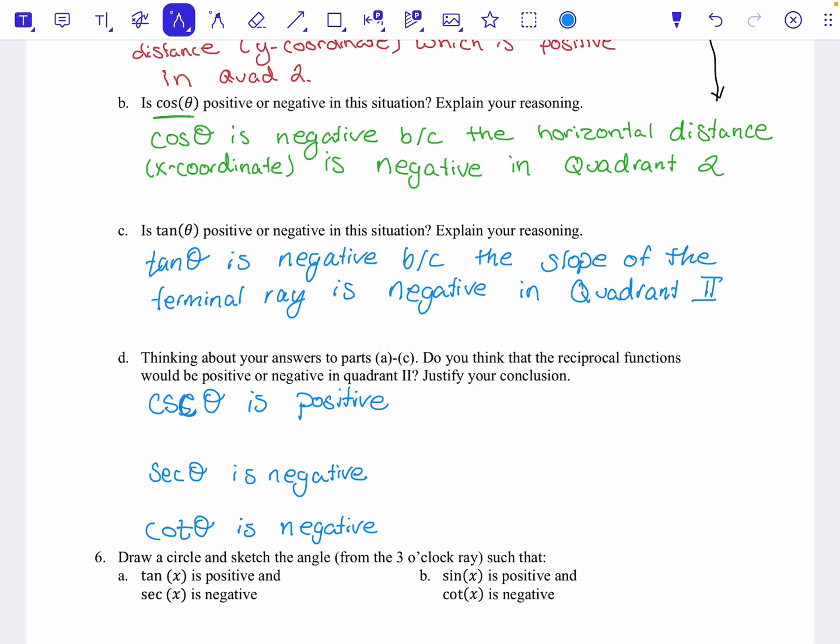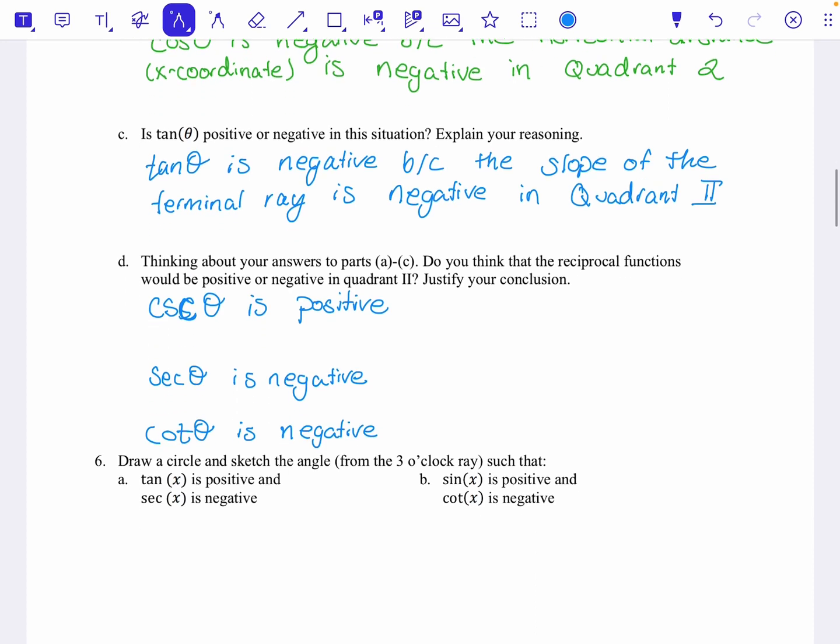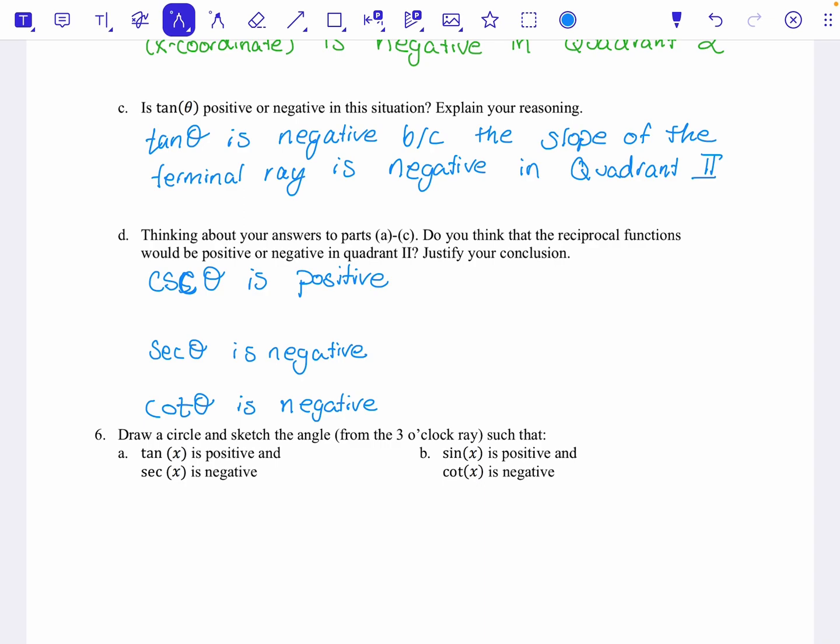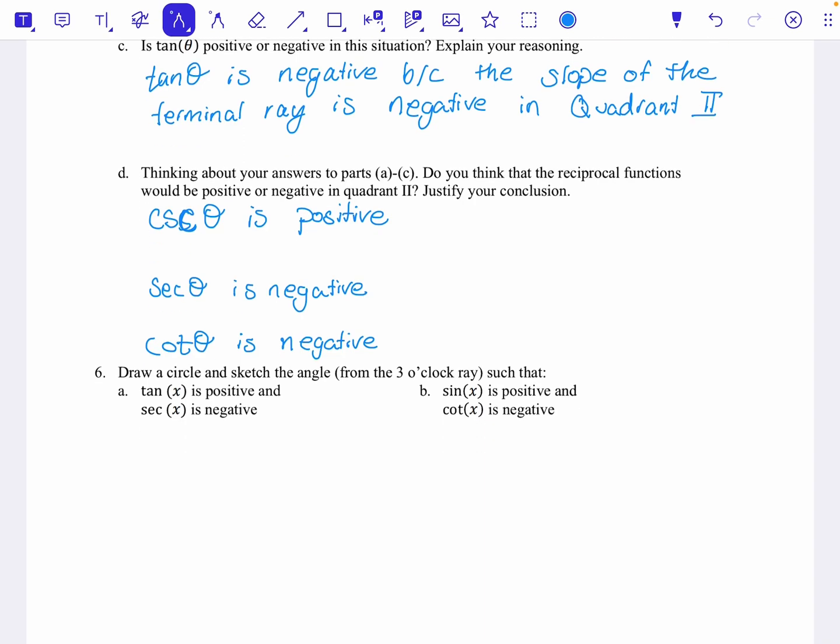So part of this little exploration is so that, okay, what if we're given information like what we're given on number 6 here? We're told that tangent is positive, but secant is negative, and we want to sketch a drawing of where that angle might wind up.